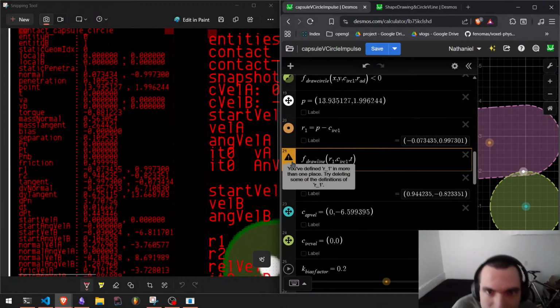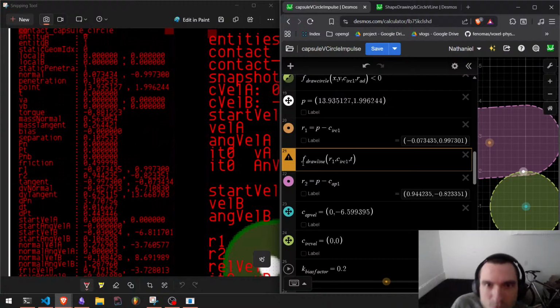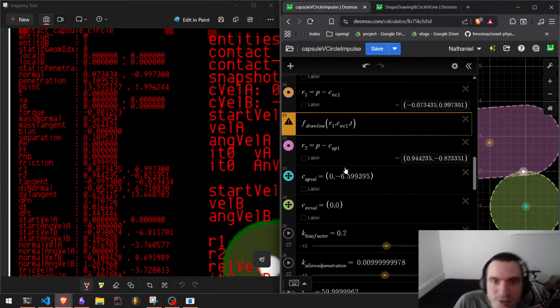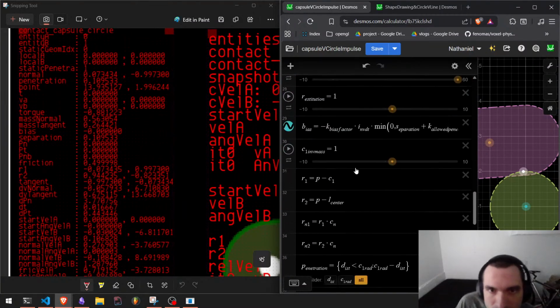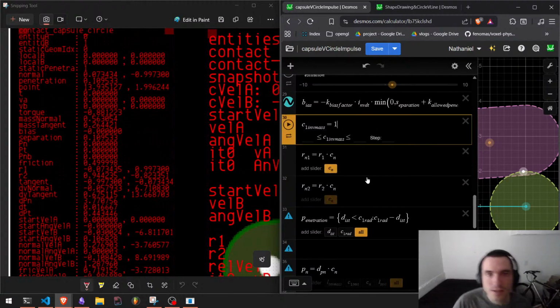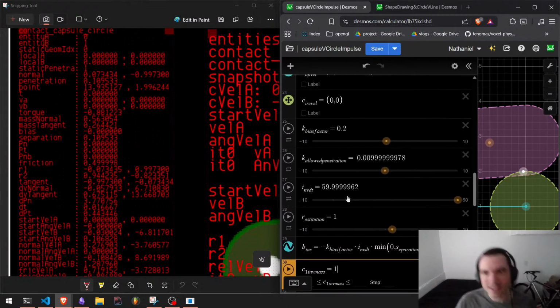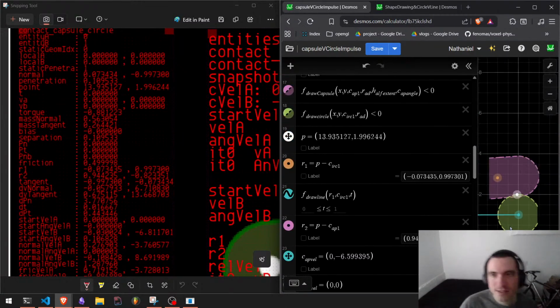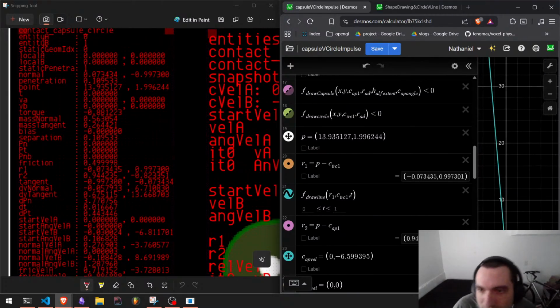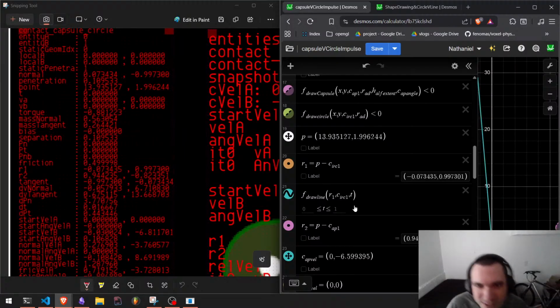Why? Defined R1 in more than one place. Okay. Where have we defined more than one R1? Down here. Let's get rid of those. I copied over a lot of stuff from another solver earlier. Okay. Where is that line? I want to see that line show up.